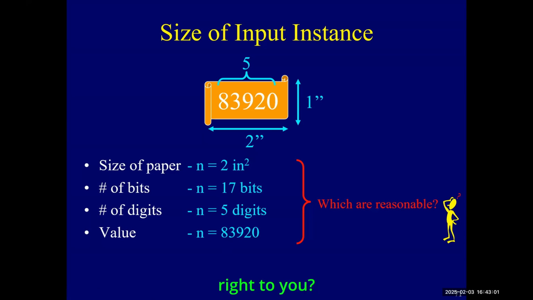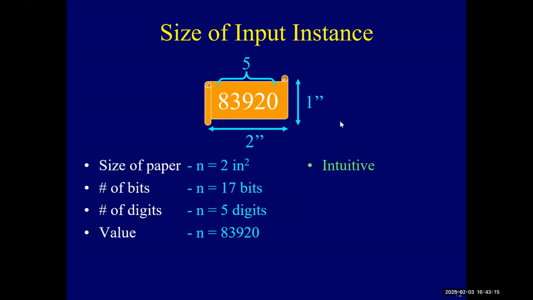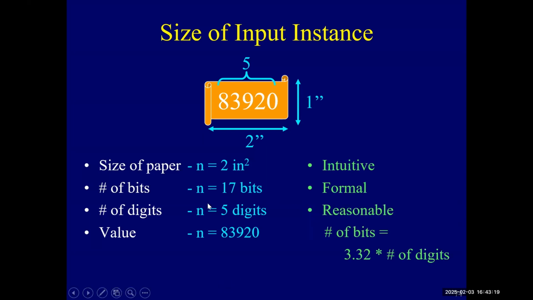Which ones feel right to you? The context we're in right here is: how much work is it for me to give you the number? This is kind of intuitive. This is the formal definition. This is within a constant, converting from the number of digits to the number of bits. You just multiply by 3.32, because that's the log of 10 base 2 or something.